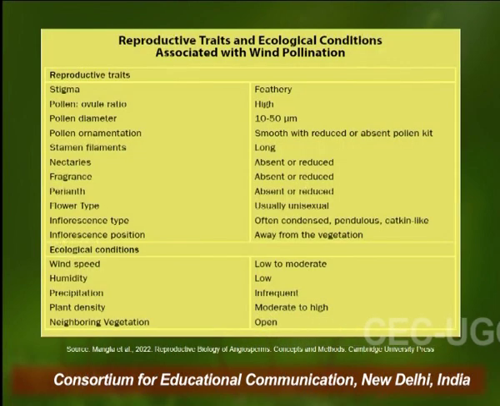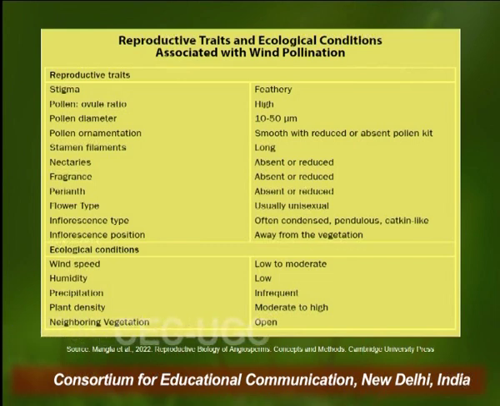Now, if I have to give you a recap of the reproductive traits and ecological conditions which are associated with wind pollination, so what would we be talking about? We know that the stigma is feathery and the pollen ovule ratio is high, and then the plant does not invest in any fragrance or nectar or perianth.